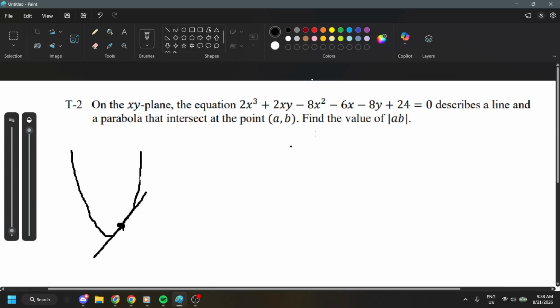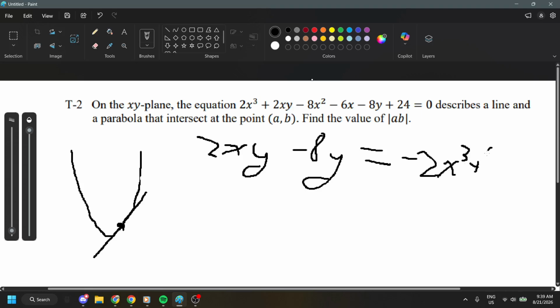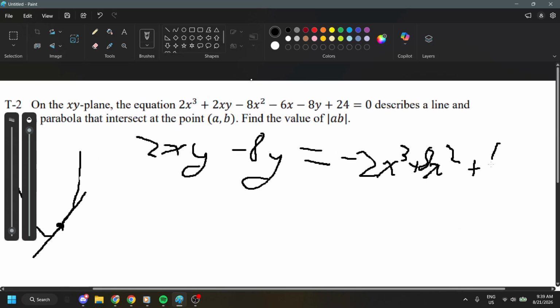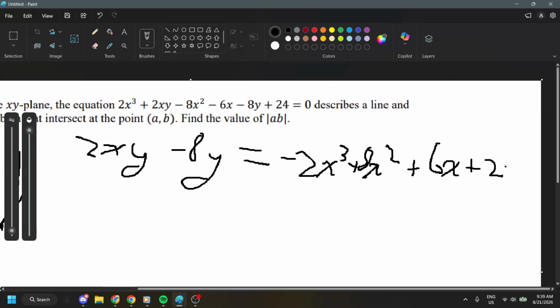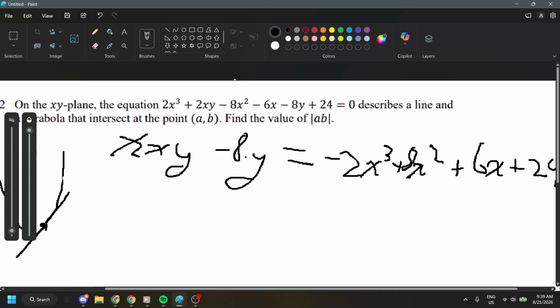Well, the good thing is y only has one power here, so I can isolate y. So why don't I do that? If I have 2xy minus 8y is equal to negative 2x cubed plus 8x squared plus 6x plus 24, I can just divide everything by 2.